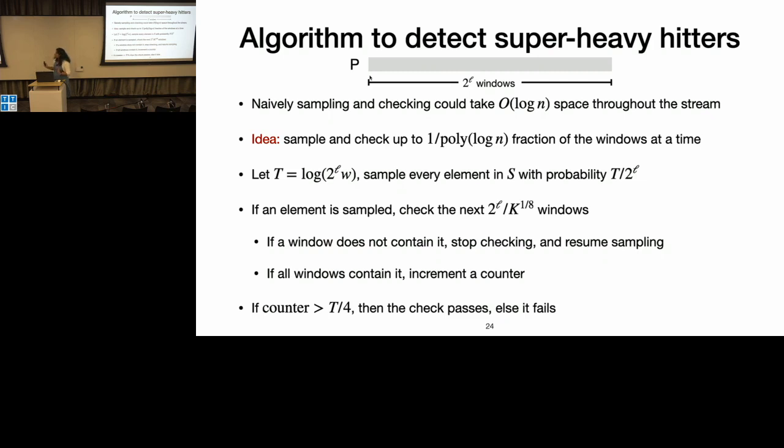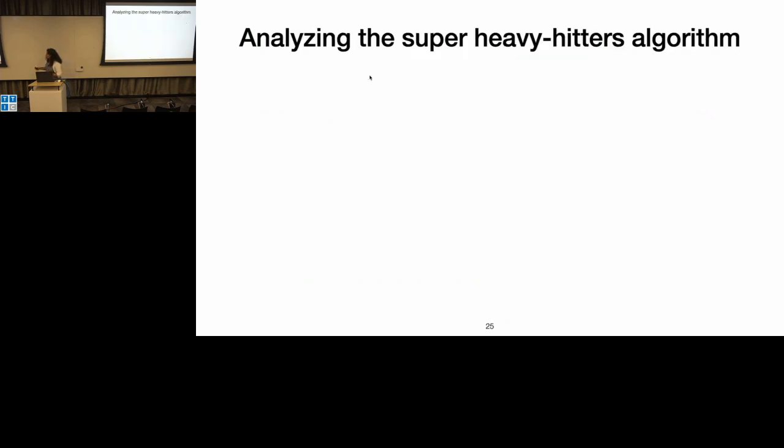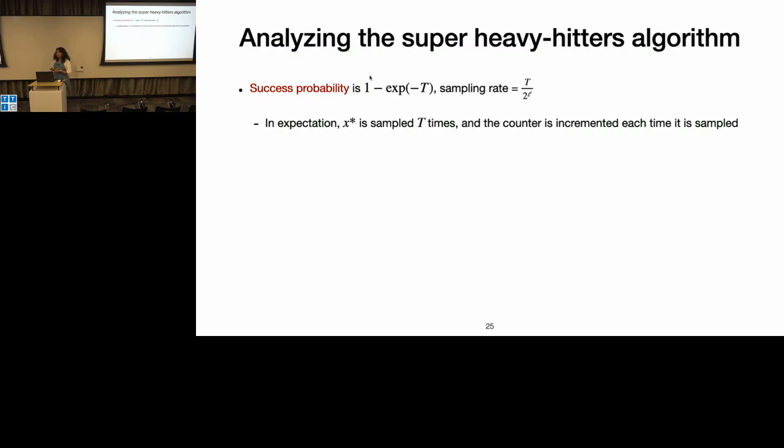Okay. Now, let me show you why this algorithm is going to be successful. First, I show that the success probability is actually 1 minus exponential minus t, where recall that the sampling rate was t over 2 to the L. This is because the heavy hitter has at least one occurrence in every window. You have 2 to the L occurrences of the heavy hitter.